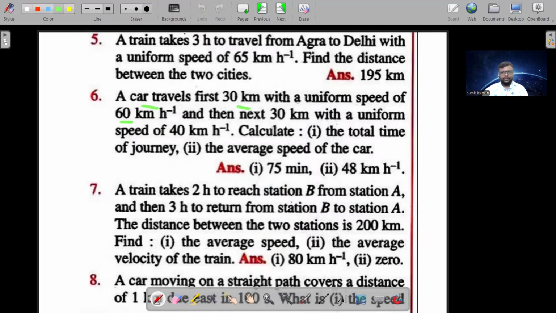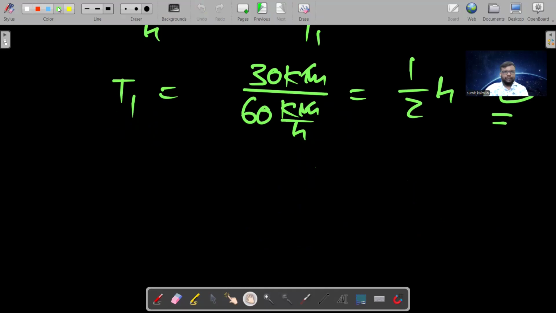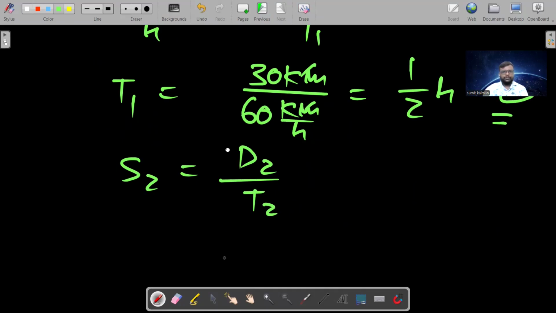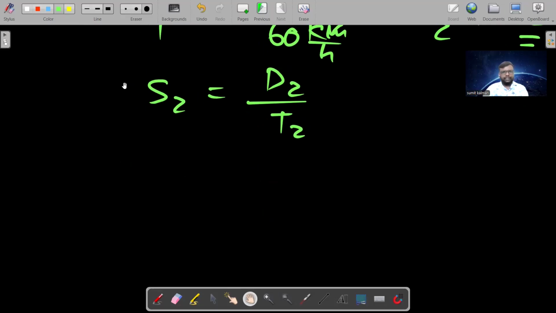Now, friends, next in the problem they are saying next 30 kilometer with a speed of 40 kilometer per hour. So here S2 is equal to D2 upon T2. Second speed is given 40 kilometer per hour.